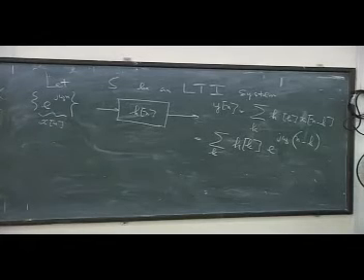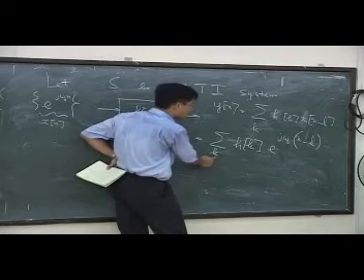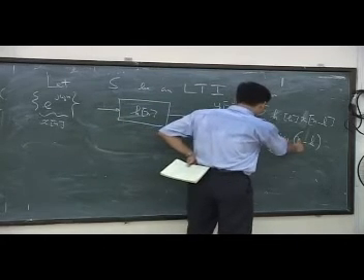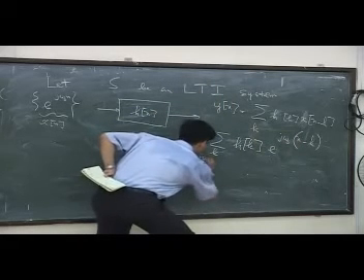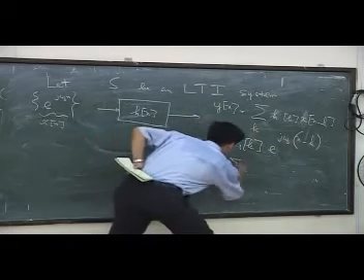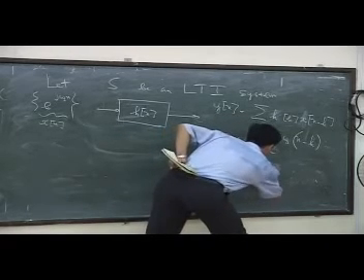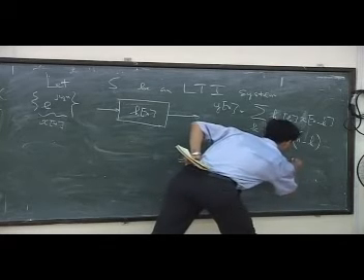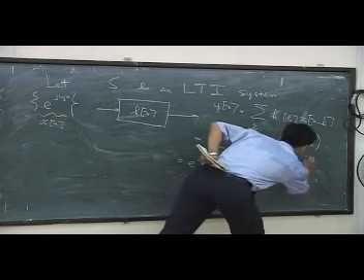So I have a summation in k. This omega naught n doesn't depend on k, so I move it outside. It equals e^{j omega naught n}, and inside I have a summation in k of h[k] e^{-j omega naught k}.